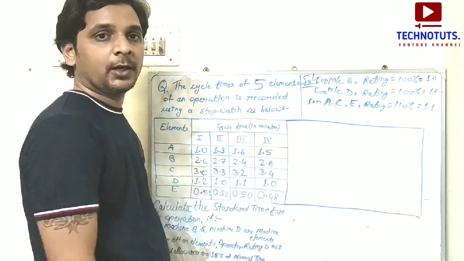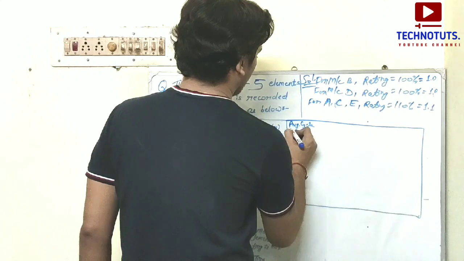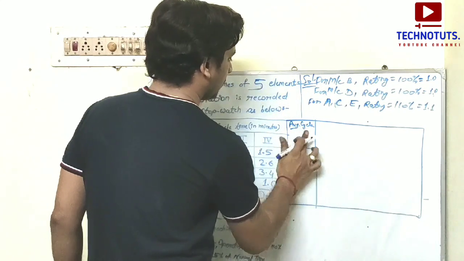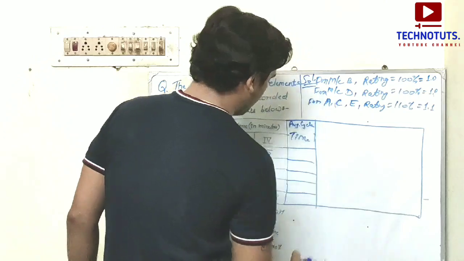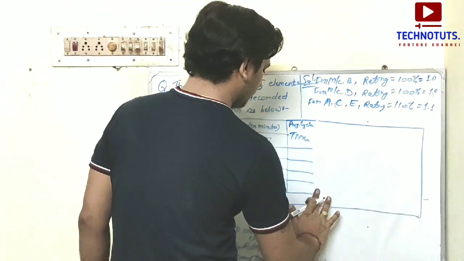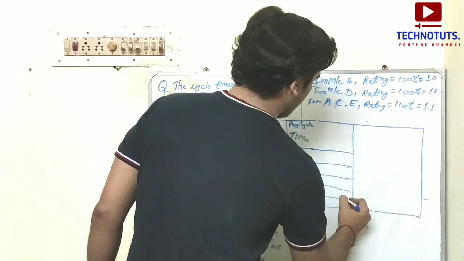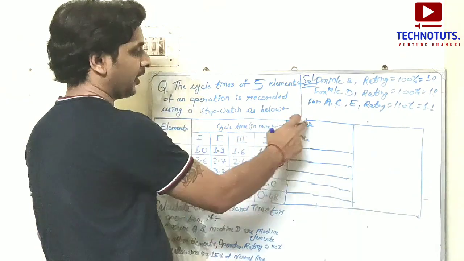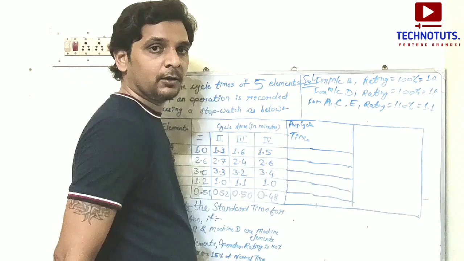So we have to calculate the average cycle time for these 4 operators for the individual elements A, B, C, D and E. The average cycle time for element A can be calculated by adding the cycle times of operators 1, 2, 3 and 4 and dividing by the number of operators, which means dividing by 4.